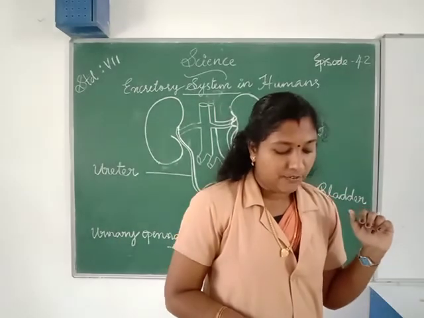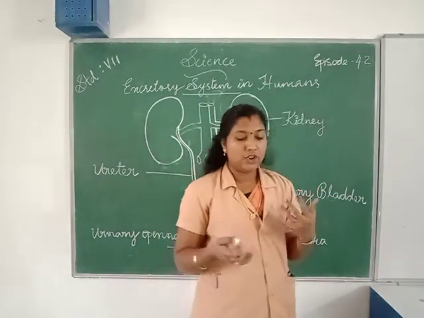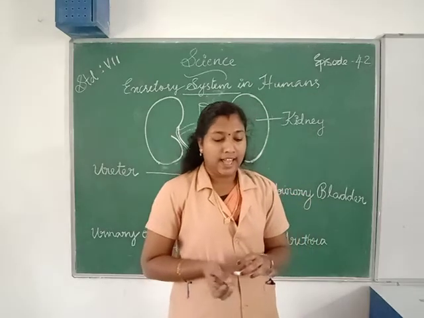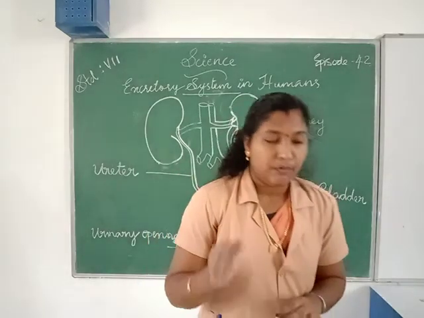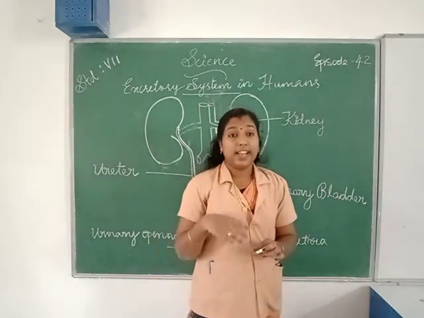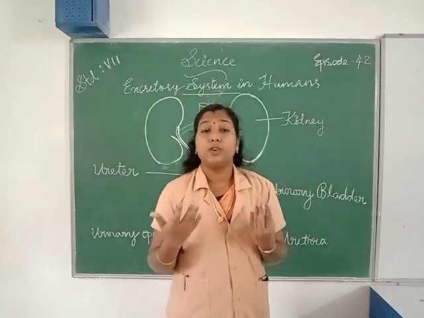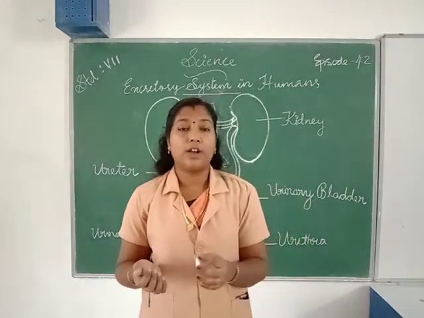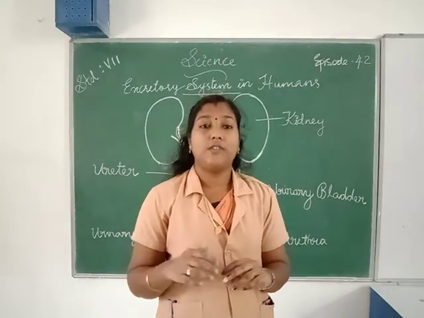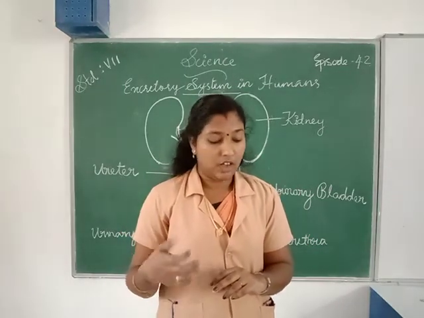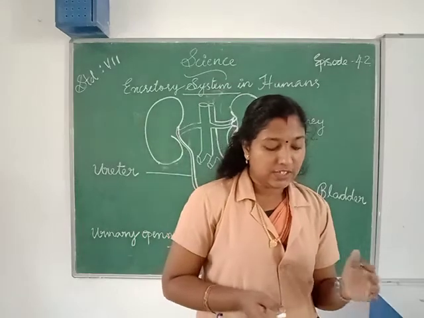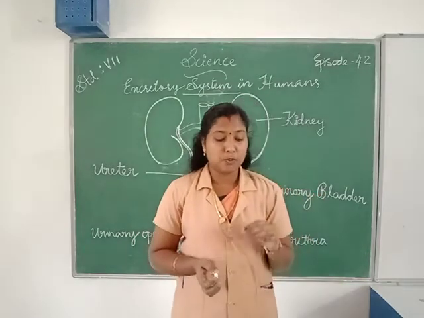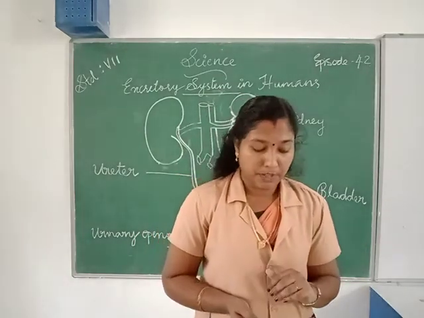Then first of all, what is the function of the kidney? We know that inside our body a lot of waste is produced. This waste is removed from our body through our blood. The waste present in the blood has to be removed from the body.